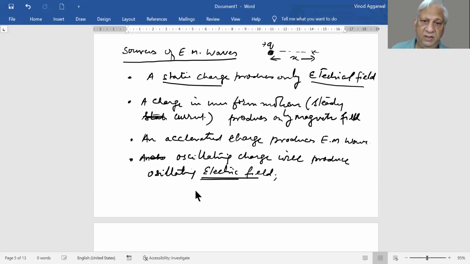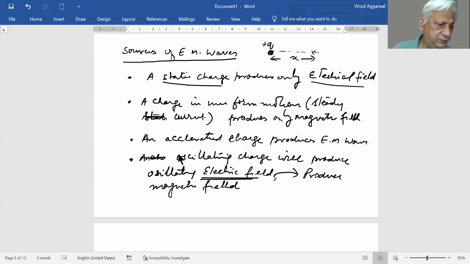And since the electrical field is oscillating, it will produce a magnetic field. So an oscillating charge first will produce an oscillating electrical field, and then an oscillating electrical field will produce a magnetic field. So both the fields are produced by a charge which is oscillating.